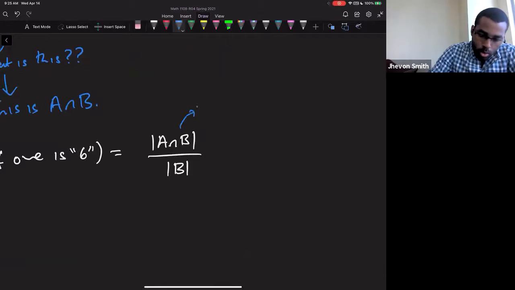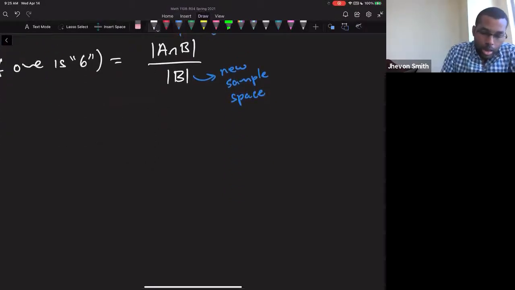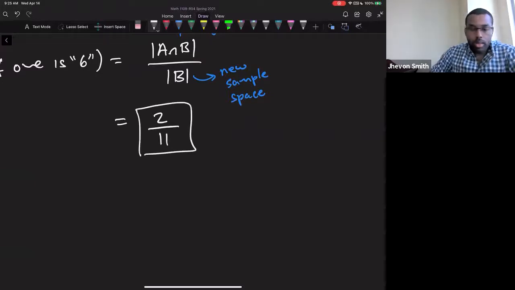So this is what we want over the new sample space. So how many things are in what we want? Well, there are 2 things. How many things were in B? 11 things. So it was 2 over 11.